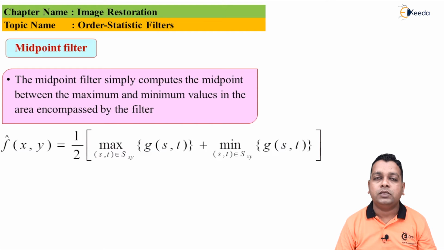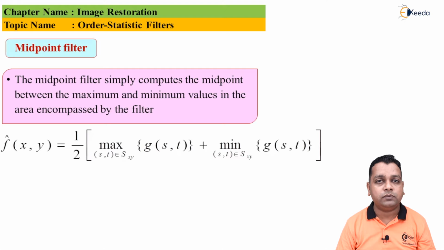Here we have the mathematical representation for the filtered image f cap of x comma y, obtained by taking half, that means the midpoint, operated over the max filter operation in the first term, that is max with the variable s,t belonging to the local neighborhood S suffix xy operated over the degraded, noisy image represented as g of s comma t.